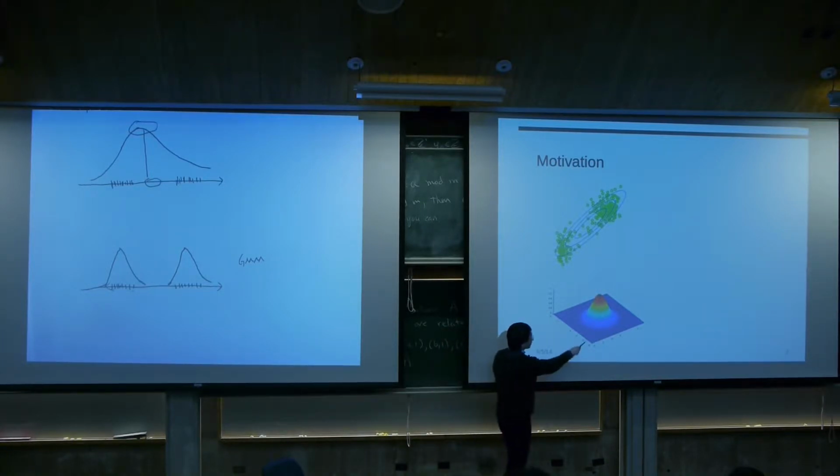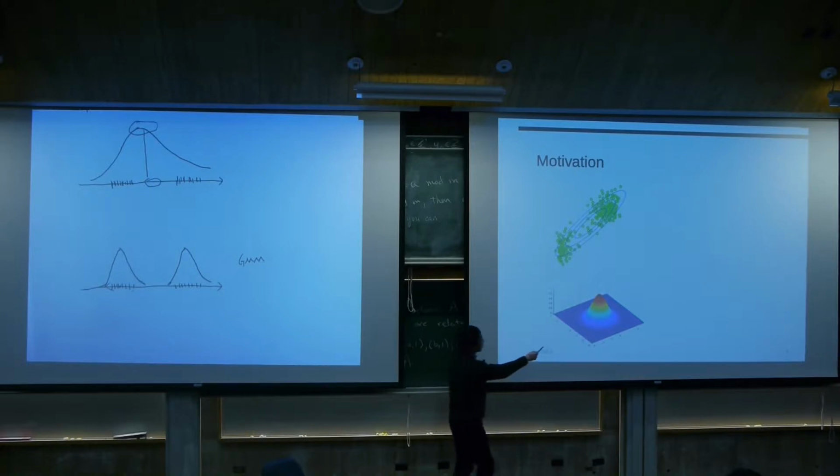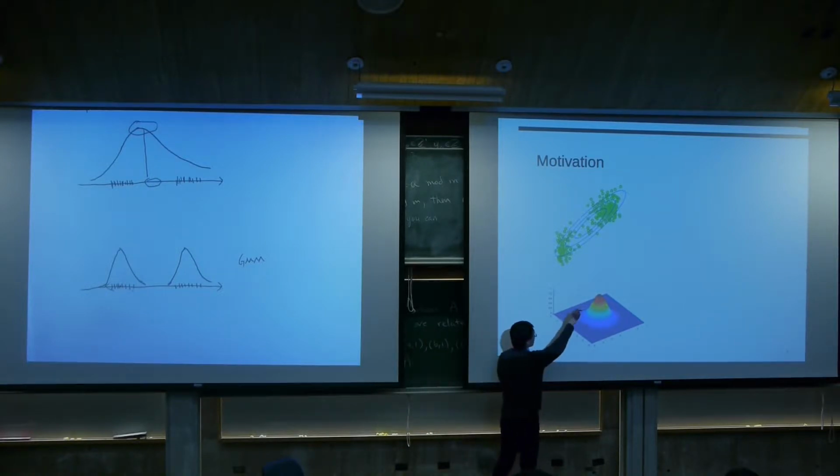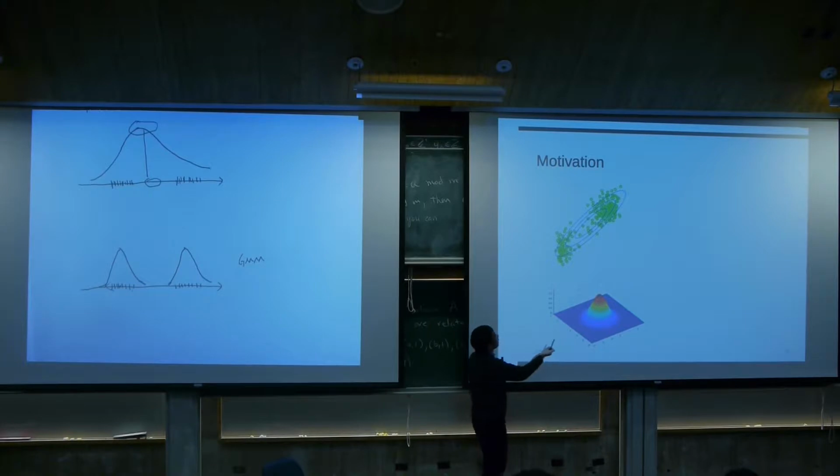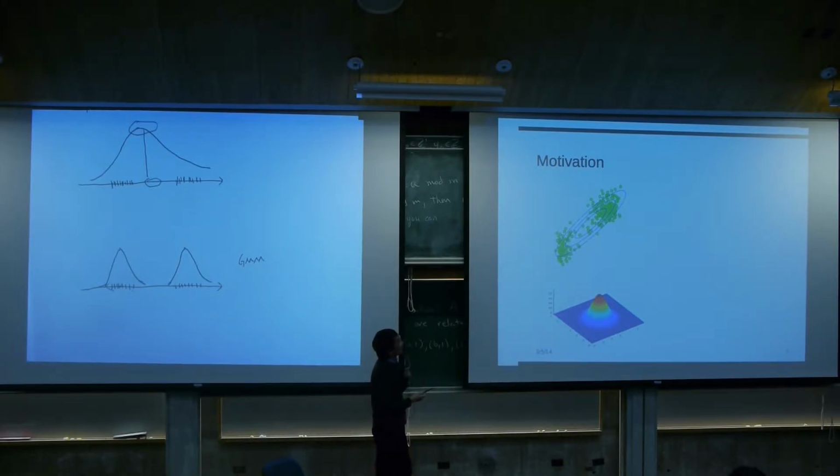This is the 3D view of a Gaussian density function, and that one is a bird view, meaning that you look at this Gaussian from the top view. And you will see a set of concentric contours.